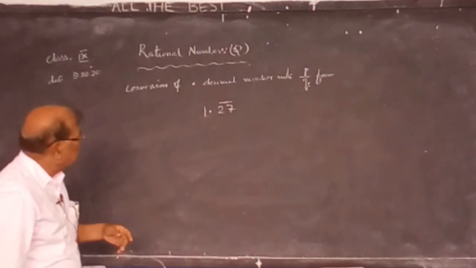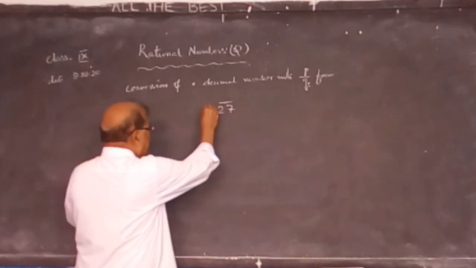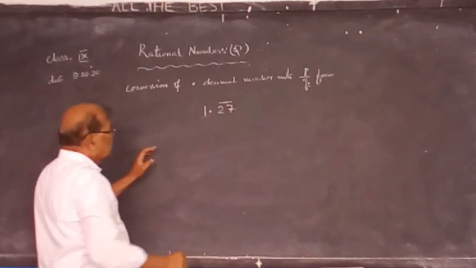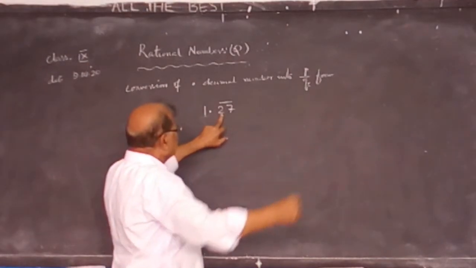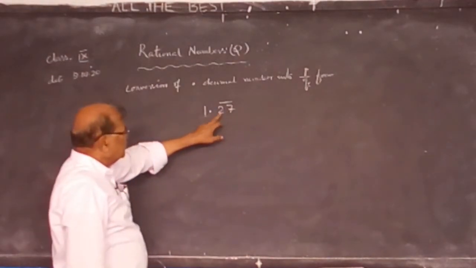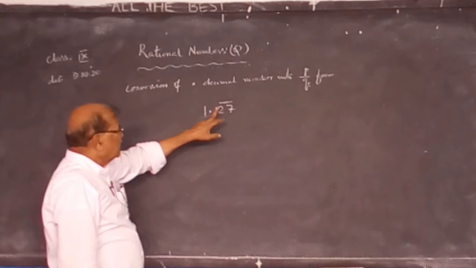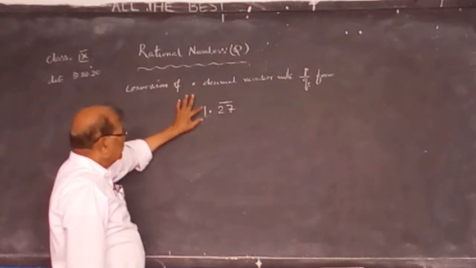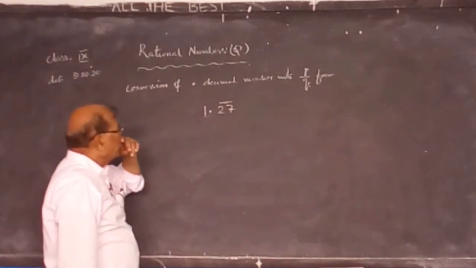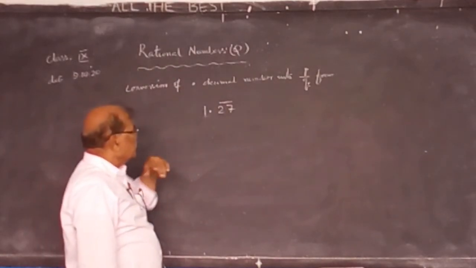This is the decimal form, and it is recurring up to infinity. So this is a non-terminating and recurring decimal according to real numbers, so it is a rational number. How do you convert this?